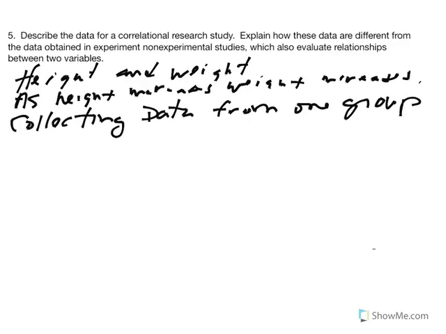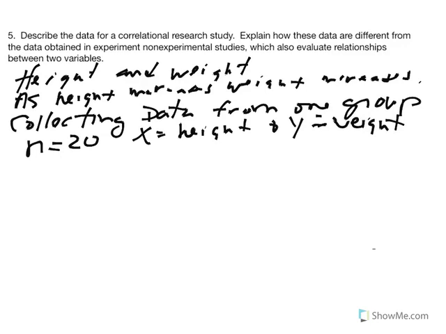Okay, and so for example, if we had 20 individuals, and let's say it's a sample n equal to 20, they would each give us their x variable, their height, and their y variable, their weight. Okay, so again, it's one group and we're collecting two pieces of information, two variables.